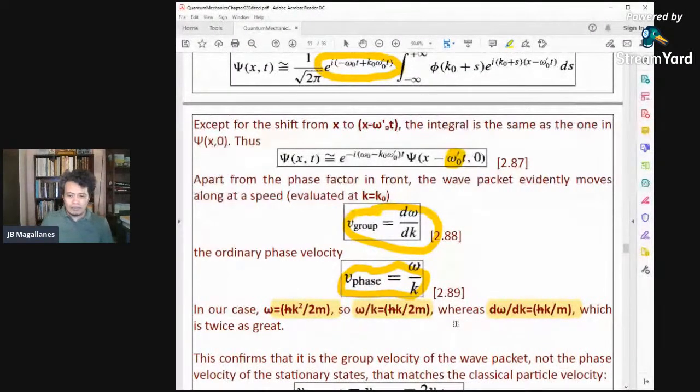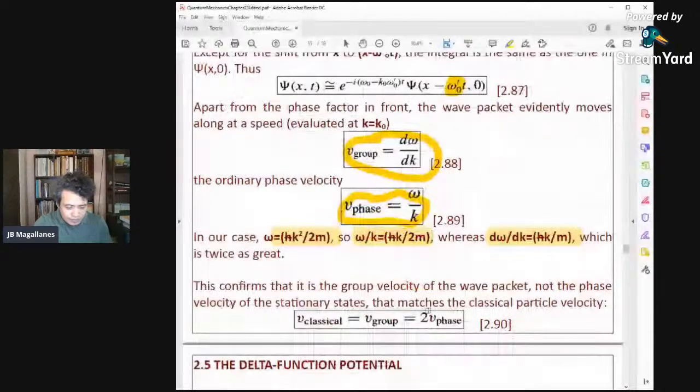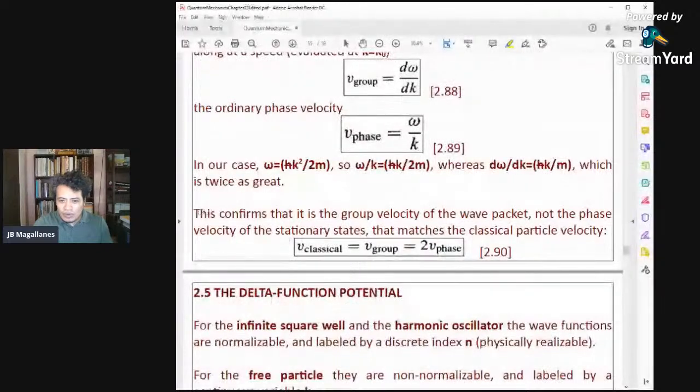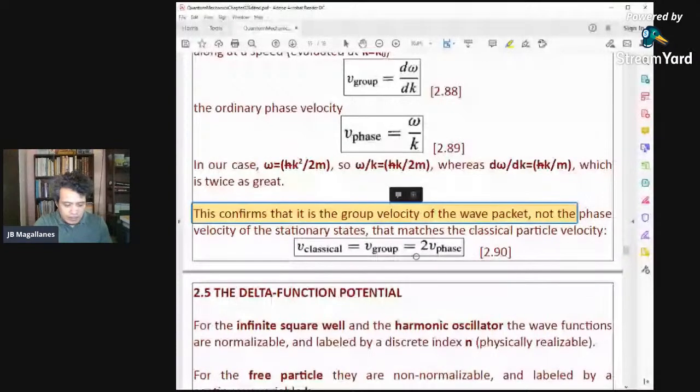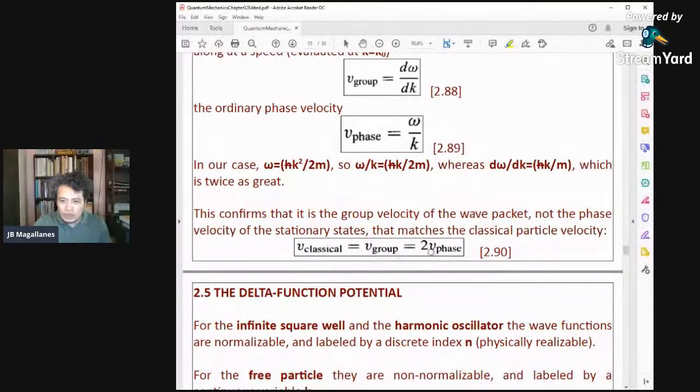This is twice as great as this one. So as I told you earlier, this confirms that the wave packet has a group velocity that is equal to twice the phase velocity.